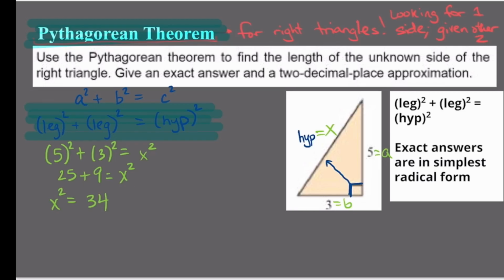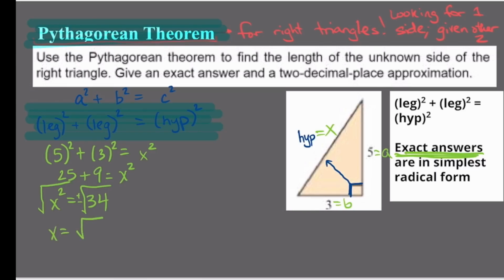If you are asked for an exact answer, the opposite of a square is a square root. So we would have to do a radical on both sides of this equation in order to get rid of that exponent. Because of how square roots work, you actually get two answers.